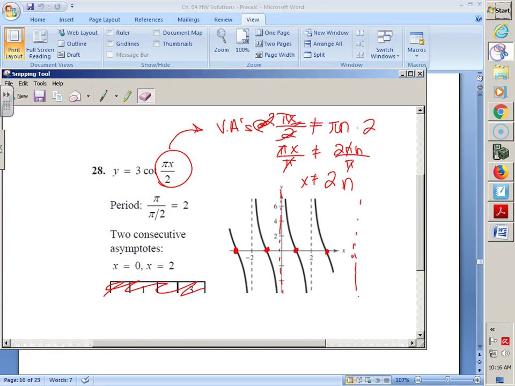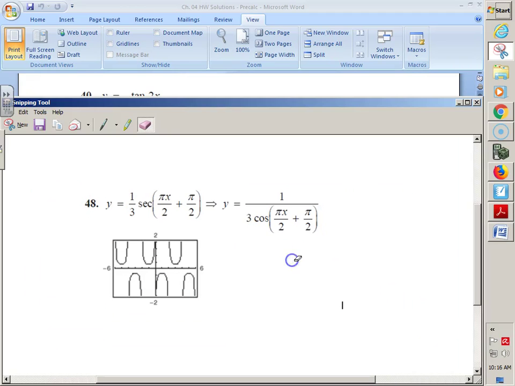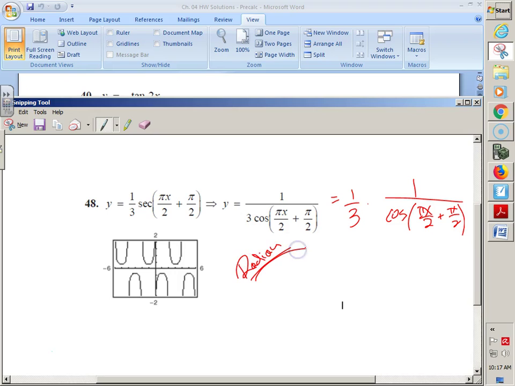Or you could have just done 1/3 times 1 over cosine. And cosine in your calculator automatically puts parentheses, then we just throw all that stuff in the parenthesis and then we're okay to go. But once again, radians, because degrees would have been a whole lot trickier because the numbers are way bigger with the angles.